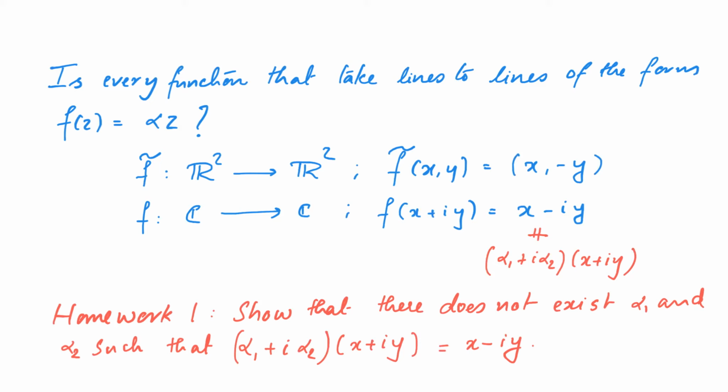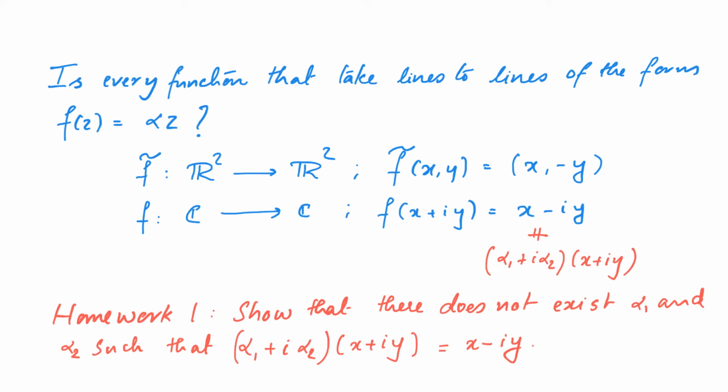Therefore, we see that not every function that takes lines to lines is of the form f of z equal to alpha z. Now notice that the function f of (x, y) equal to (x, minus y) is reflection with respect to the x-axis.